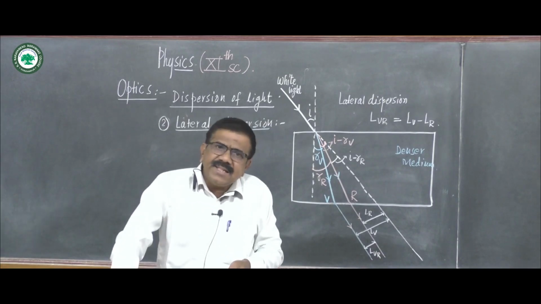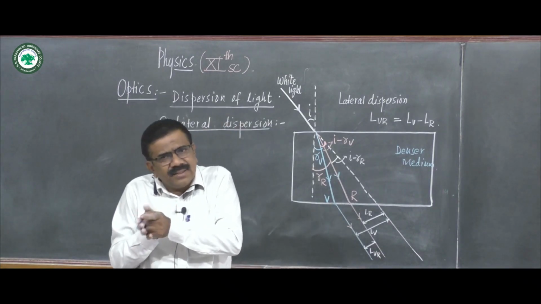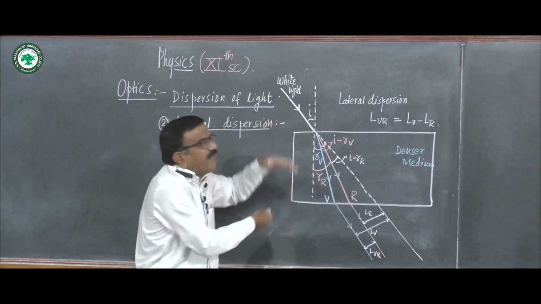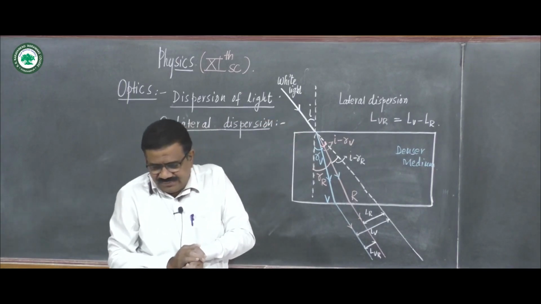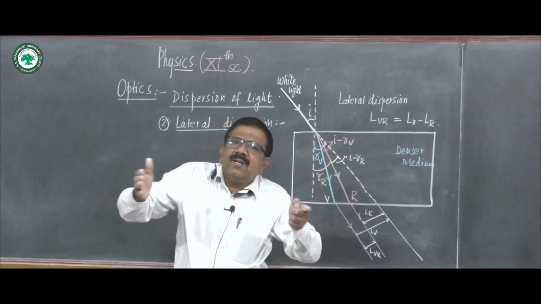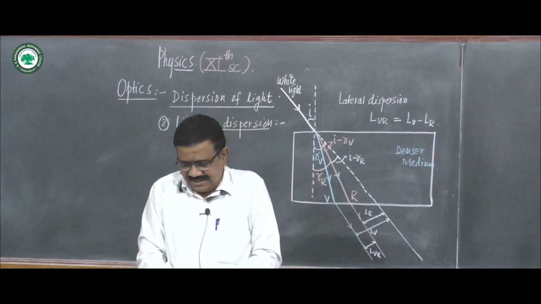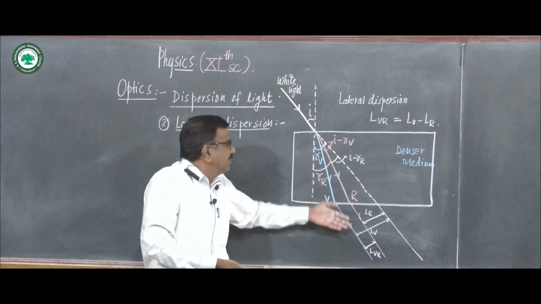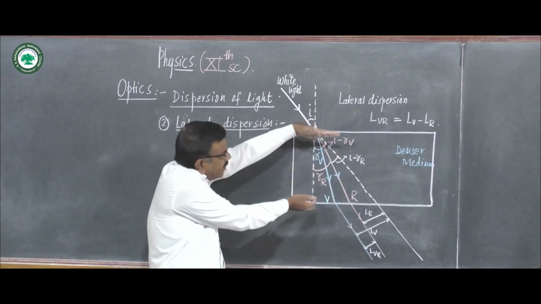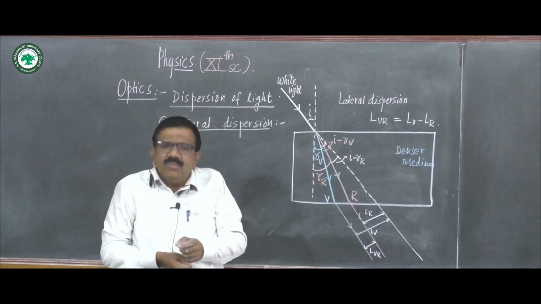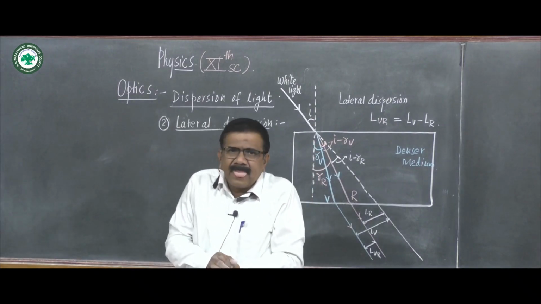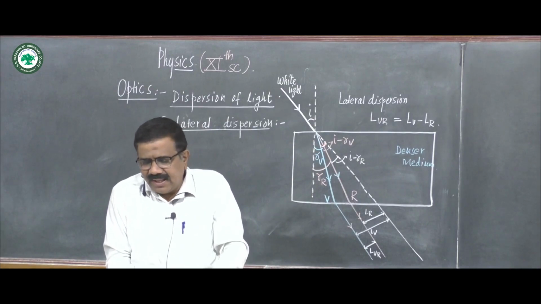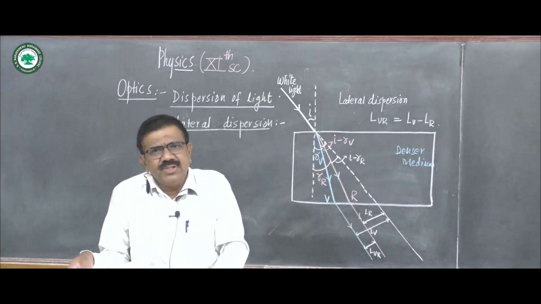For easily detectable lateral dispersion, the parallel surfaces of the slab must be separated over a large distance. Otherwise, it is not easily detectable. This distance between the surfaces must be large. Hence, it is not useful. Hence, a prism is used.